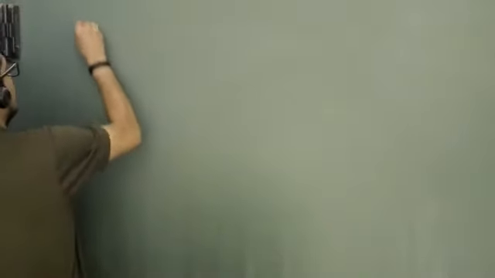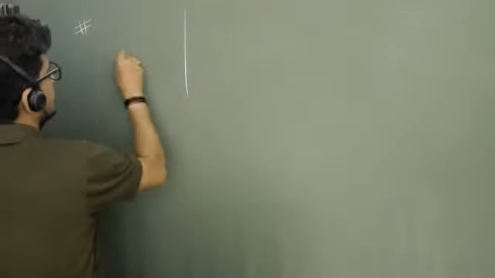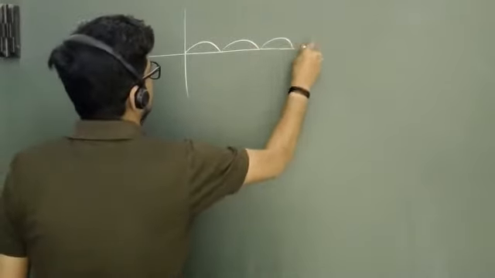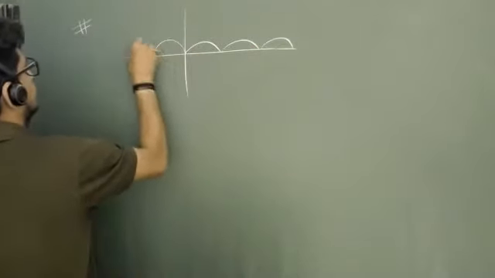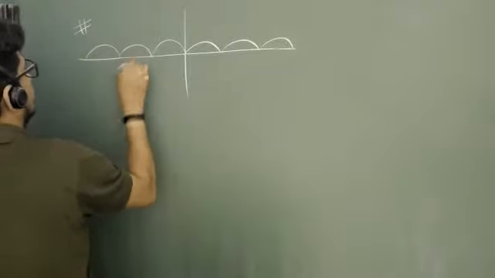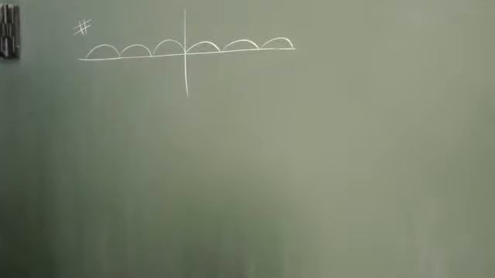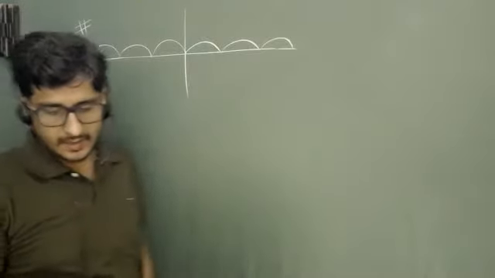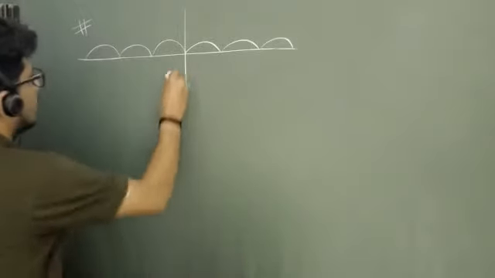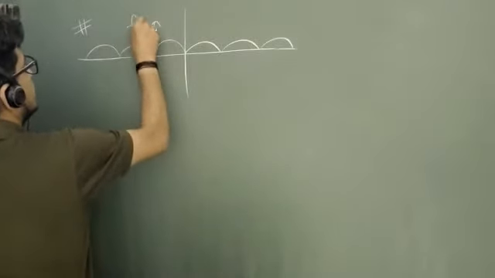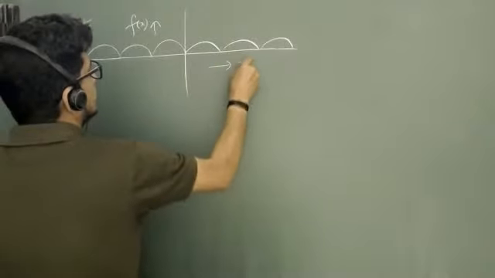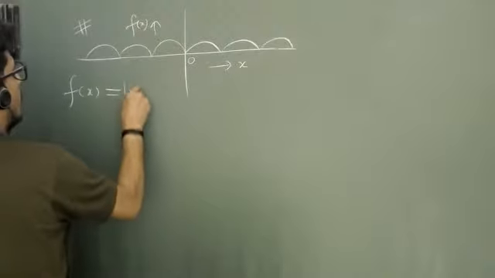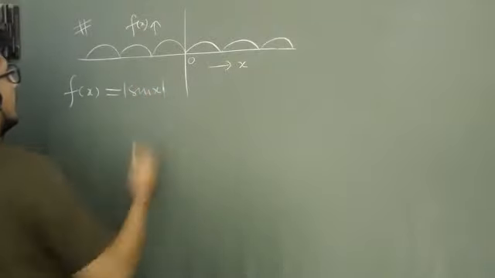in which the function is given like this. Okay, this is the function that is given. They have given this function f(x), and this is x, and f(x) is equal to mod of sine x, which I have plotted here.